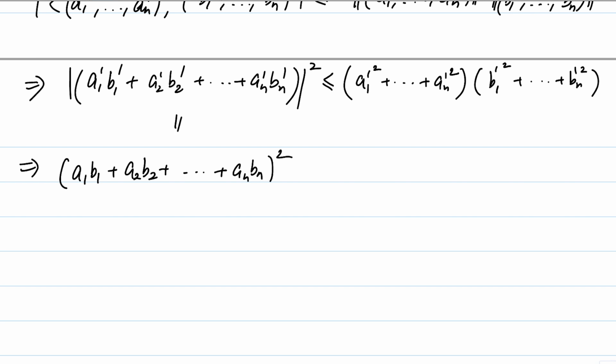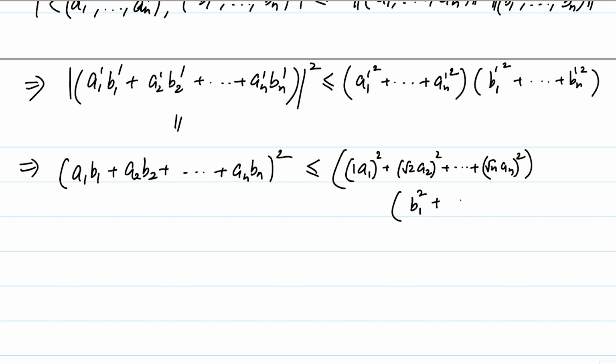This is equal to this, by the way. And what about this? This is just going to be equal to square root of 1 times a1 the whole square, plus square root of 2 times a2 the whole square, plus up to square root of n times an the whole square, times, similarly, b1 by 1, which is b1 square, plus b2 square by 2 and so on, plus bn square by square root of n the whole square, which is n.